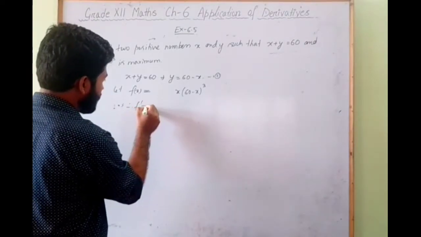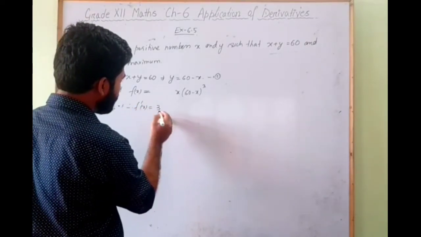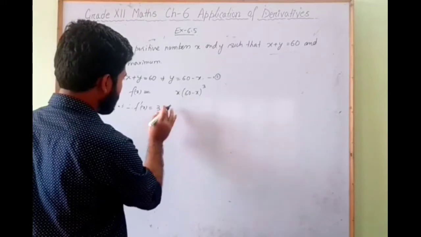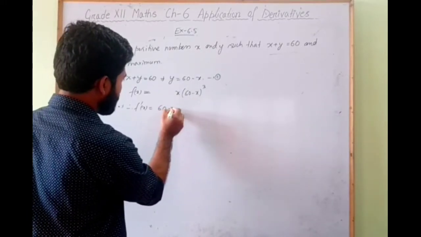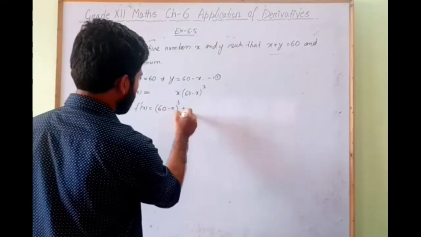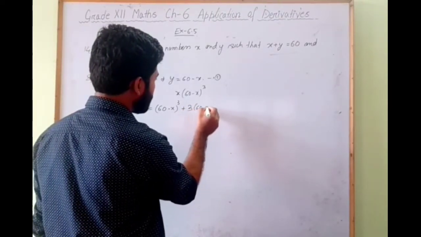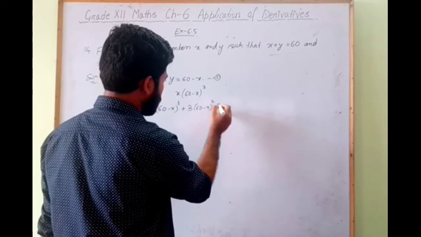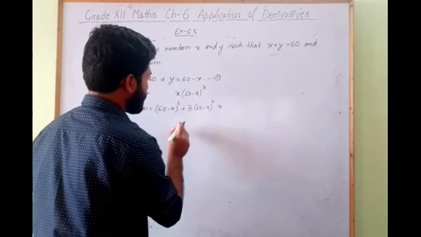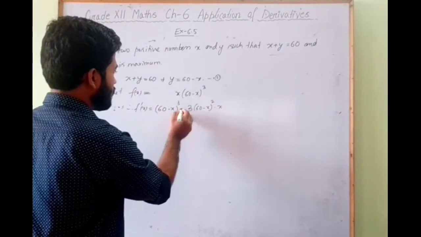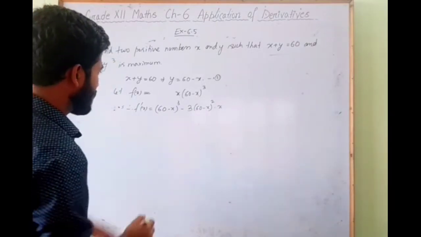So the first derivative will be: keep the first function 60 minus x cube, plus the second function, 3 into 60 minus x whole square into x. And since it is a negative here, you need to write a negative. So this is our f dash x.